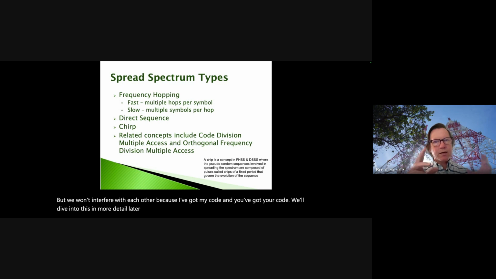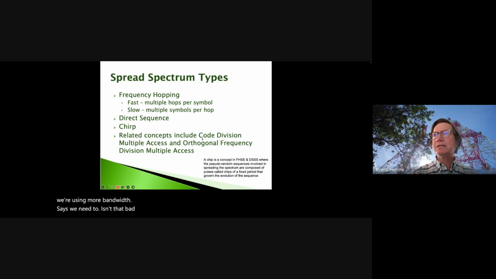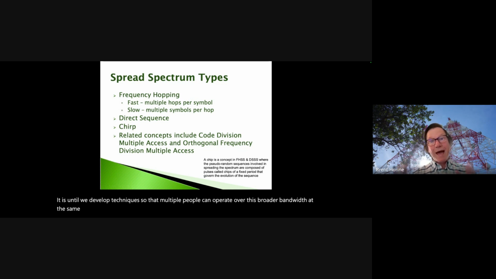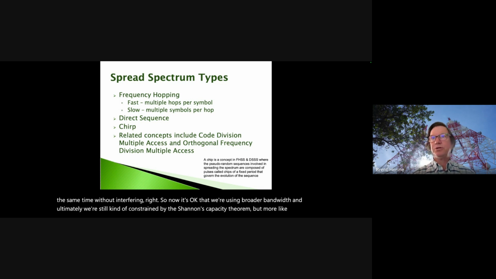But now we're kind of going back to this idea that, oh my gosh, we're using more bandwidth than Shannon says we need to. Isn't that bad? Well, it is, until we develop techniques so that multiple people can operate over this broader bandwidth at the same time without interfering, right? So now it's okay that we're using broader bandwidth, and ultimately we're still kind of constrained by Shannon's capacity theorem, but more like spread out over different users, right?